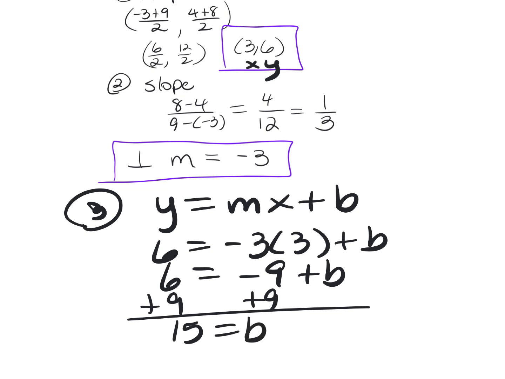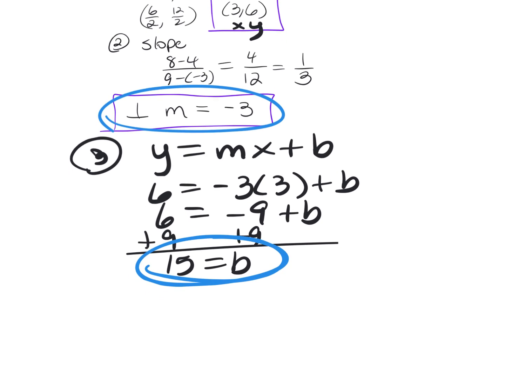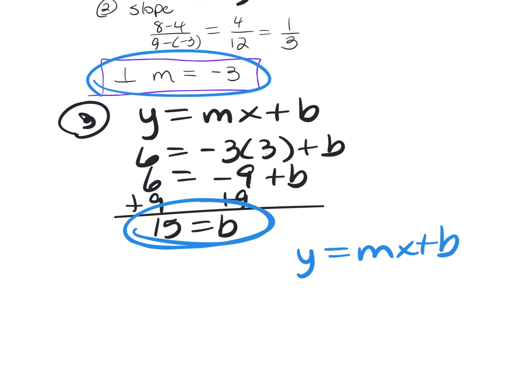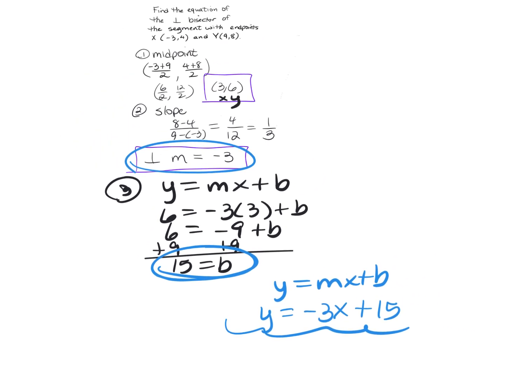And now I take my newly found b along with my perpendicular slope and plug it in to y equals mx plus b again. This time I leave the x and y, negative 3x plus 15. And that's your answer. Be able to do this tomorrow.